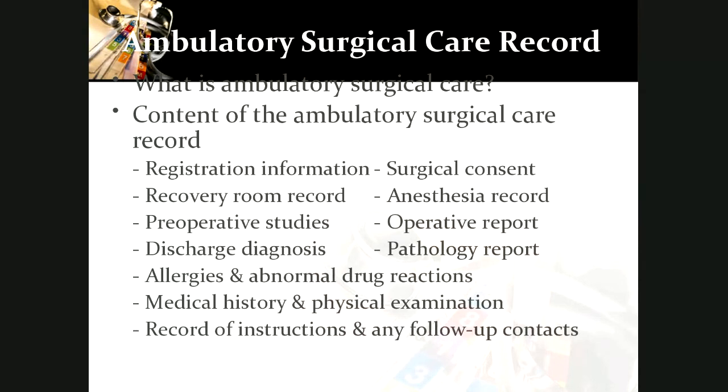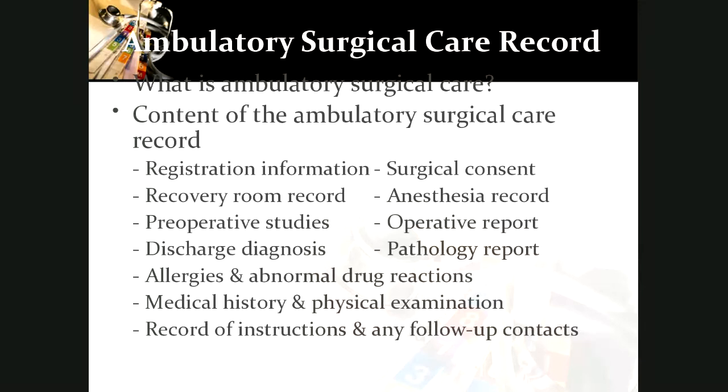and you're going to have record of the instructions and any follow-up contacts that that patient is supposed to have. Perhaps they're supposed to follow up here in the clinic for post-op care, or with their family medical doctor, or maybe with a specialist.